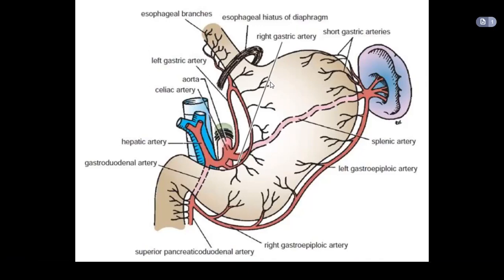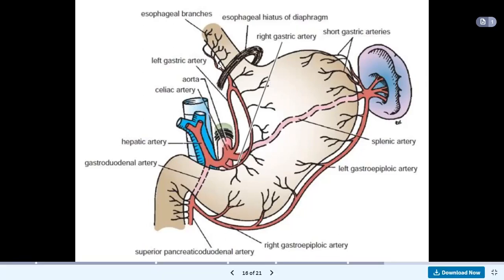We said there are 5 main arteries that supply the stomach, and all 5 come from the celiac trunk. When we look at the lesser curvature of the stomach, 2 arteries supply it: the left gastric artery and the right gastric artery.